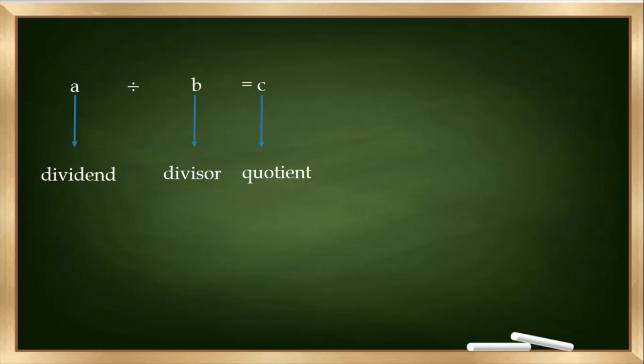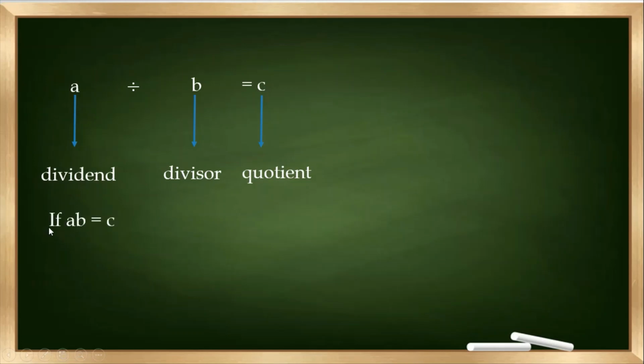We have here A divided by B is equal to C. A is our dividend, B is the divisor, and C is the quotient. Alright? So, gaya ng sinabi ko kanina, division is the inverse of multiplication.